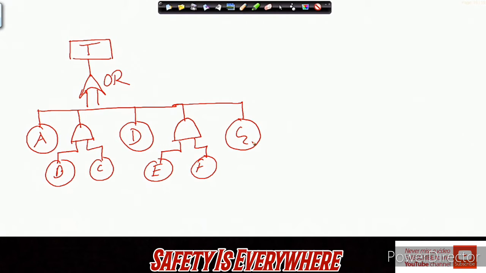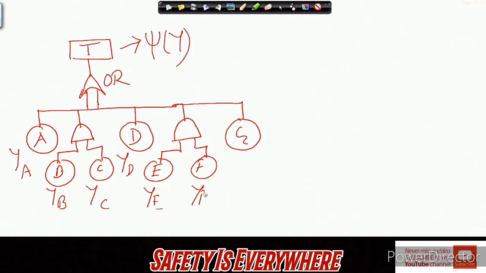Now, from this fault tree we want to write the structure function. How to write it? Let us take phi y as the indicator variable of the top event, and ya, yb, yc, yd, ye, yf and yg as the indicator variables of the basic events. Now, phi y will be ya union, as this is an OR gate, it will be union.